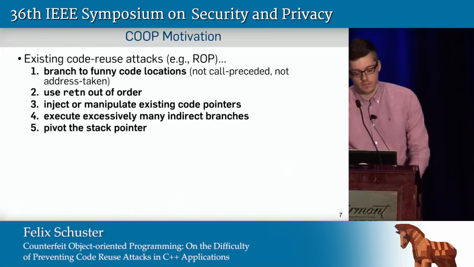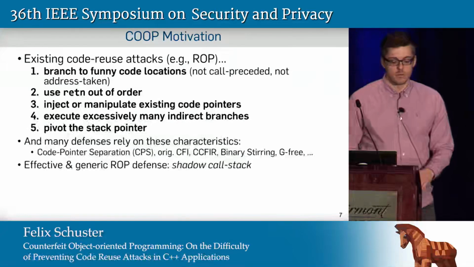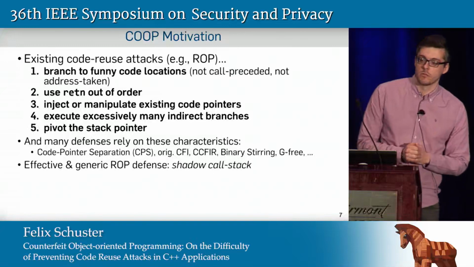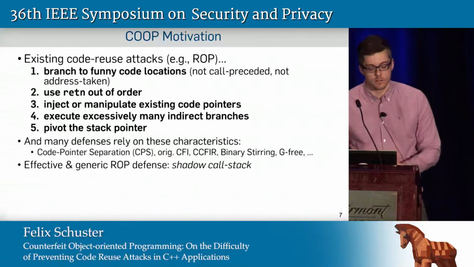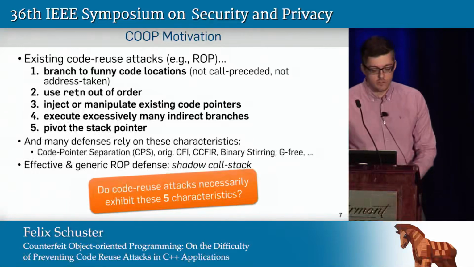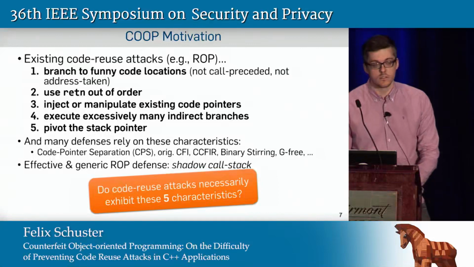They execute excessively many indirect branches, or they pivot the stack pointer. And many defenses rely on these characteristics. And in essence, it is sufficient to maintain and enforce a shadow call stack in order to fend off all ROP-based attacks. And our initial question was, do code reuse attacks necessarily exhibit these 5 characteristics?